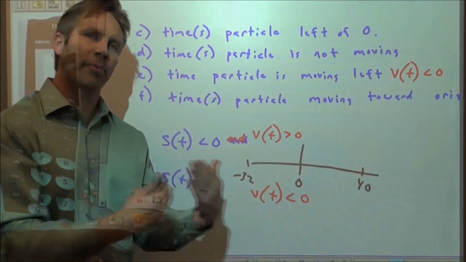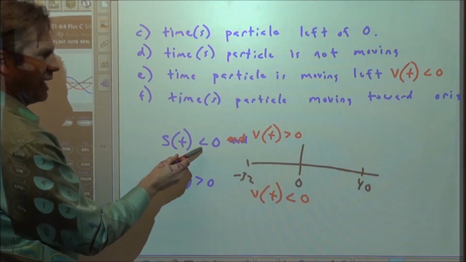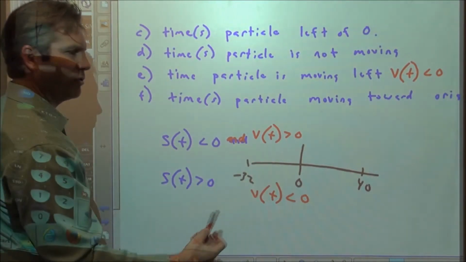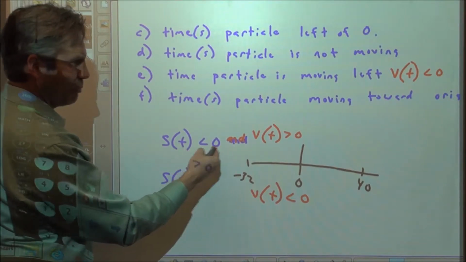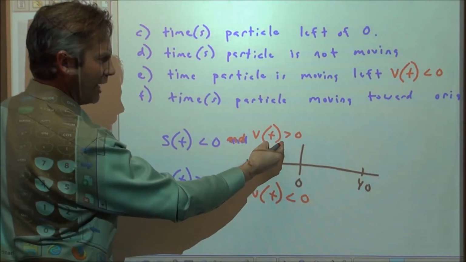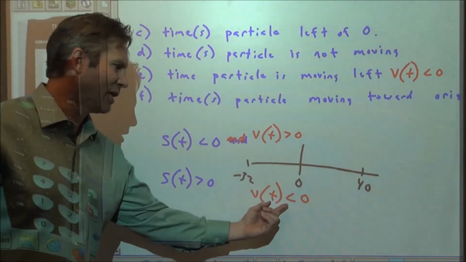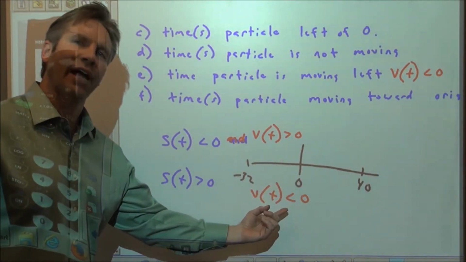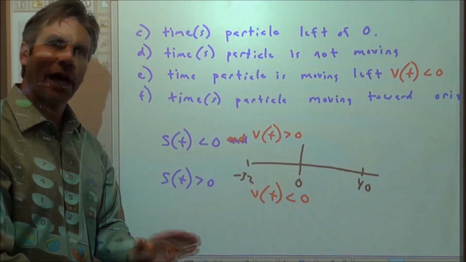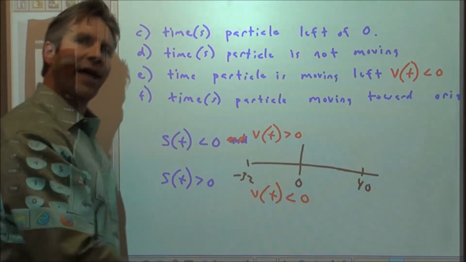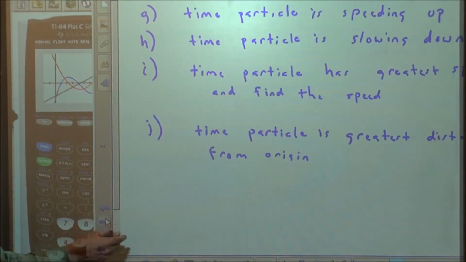I think you should both memorize and understand. Notice that the distance function sign and the velocity sign would be opposite. If you're to the left of the origin, but you're heading to the right, you're heading towards the origin. But if you're to the right of the origin, but your velocity is in a negative direction, you're heading to the origin. So it's when the first and second derivatives have opposite signs that you're heading towards the origin, towards the reference point.